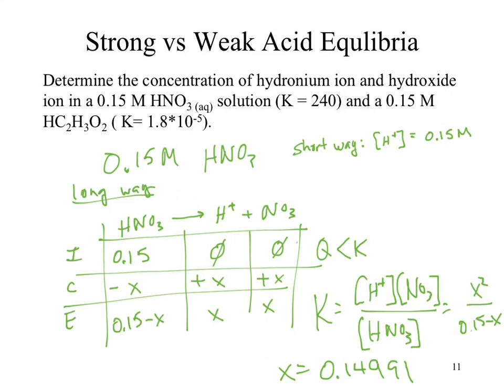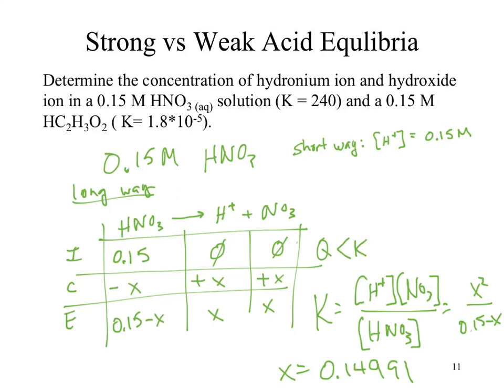Okay? I then jumped immediately to solving for X for a couple reasons. Well, just one. I didn't have any space. Okay? The first thing that we could do is potentially assume that X is really small. So we could plug in X being small and solve for our X squared. Okay? So we would take our equilibrium constant, 240, times 0.15, square root of that, and we'd get X being a very, very small number. Okay? I think it's really, really small in that case.